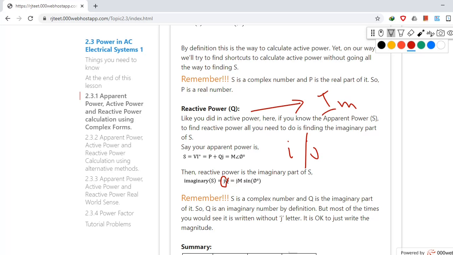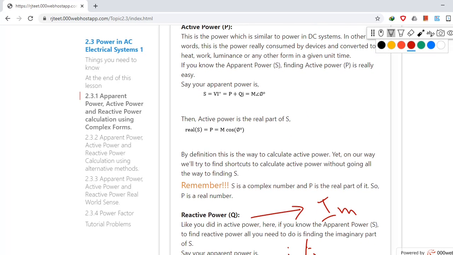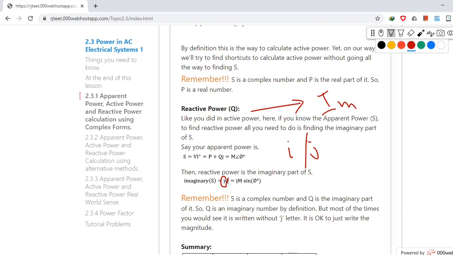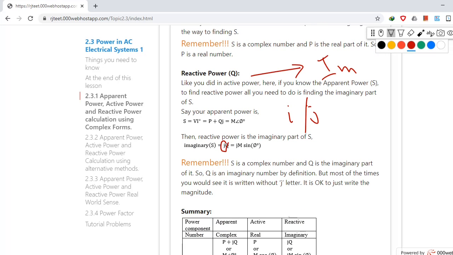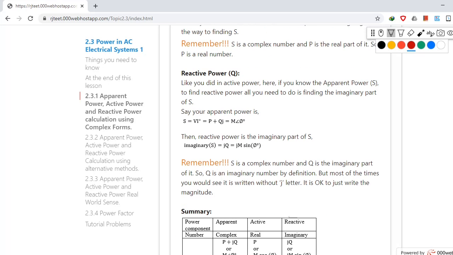But it's not necessary, because usually people know that reactive power is imaginary. Active power is sometimes called real power, and reactive power is sometimes called imaginary power because of this. And usually people in the field know that it's imaginary.